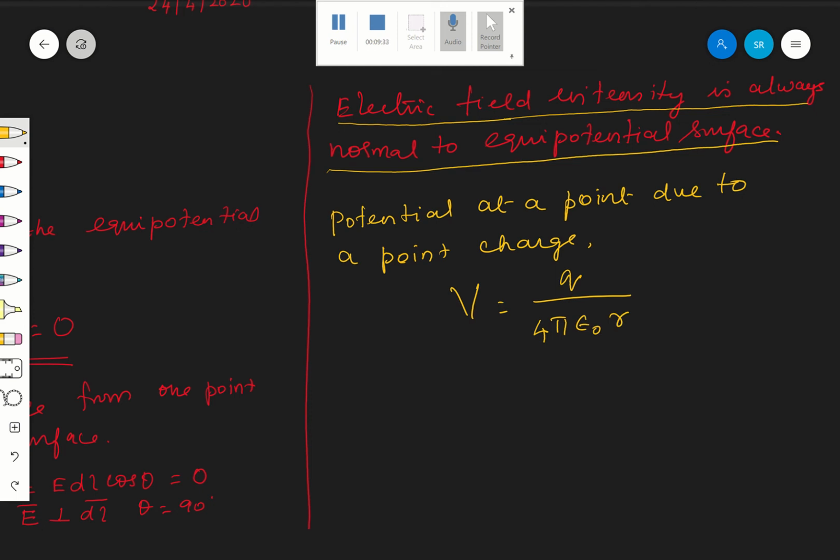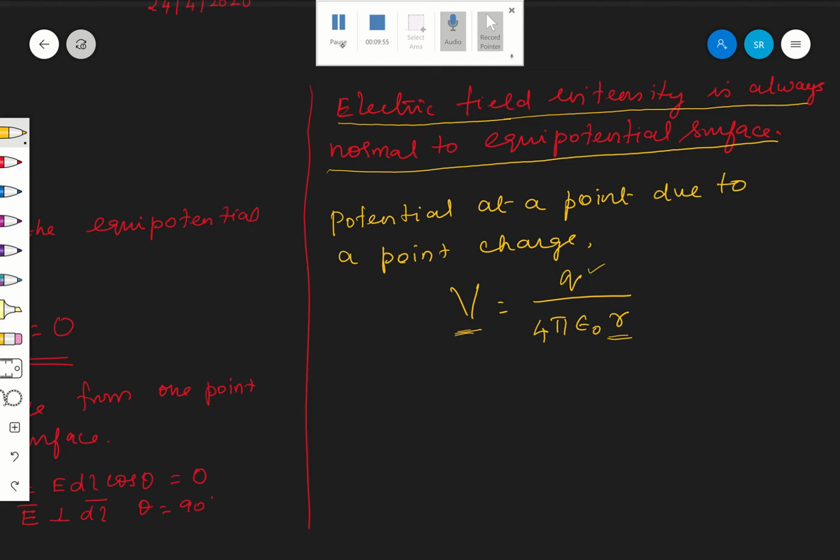Therefore, for a given charge, V is said to be on an equipotential surface means V is the same, constant on the surface. V is constant only when R is constant. Other things are constant: Q for a given charge, and 4 pi epsilon naught.